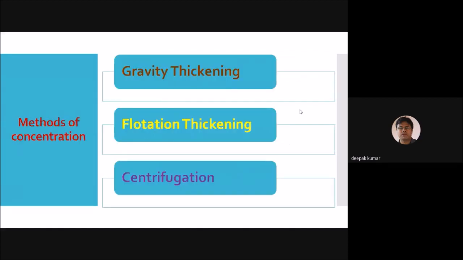The process of concentration can be carried out by adopting any of 3 processes: gravity thickening, flotation thickening, and centrifugation. These are the 3 methods which are generally used for concentration.